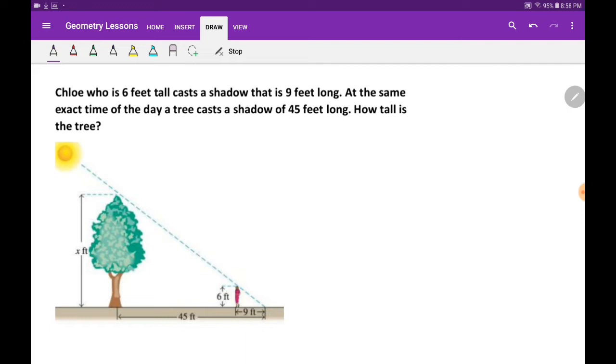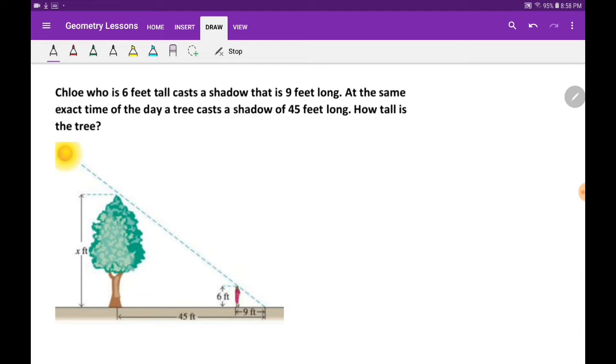At the same time during the day, the angle of elevation of the sun is going to be the same if two objects are fairly close to each other, because the sun is so far away from us. The difference in the angle because of the location of two objects on Earth is actually negligible.